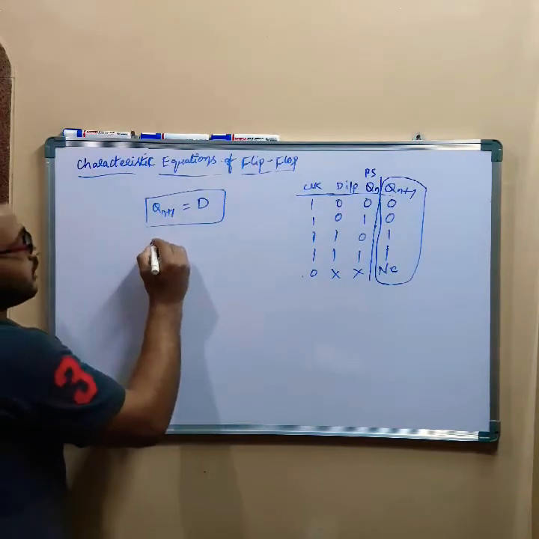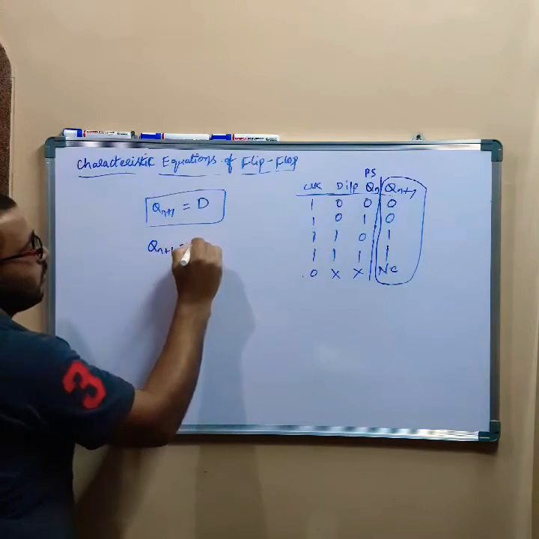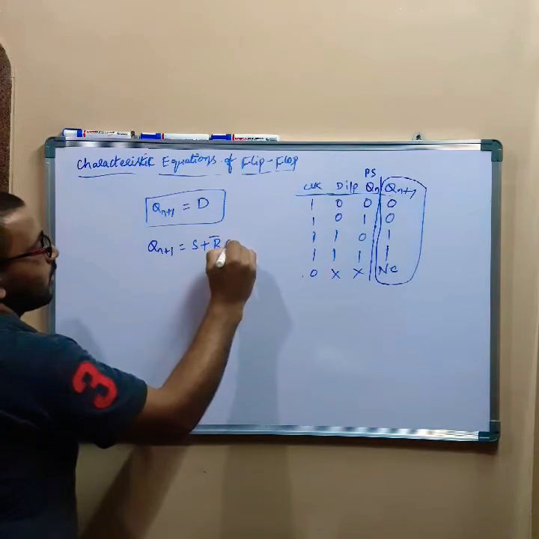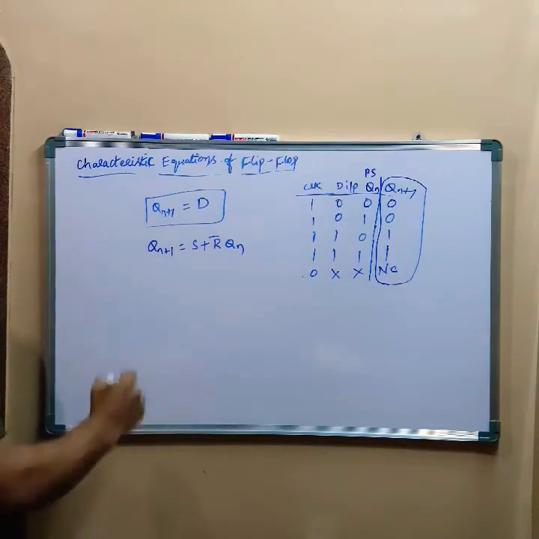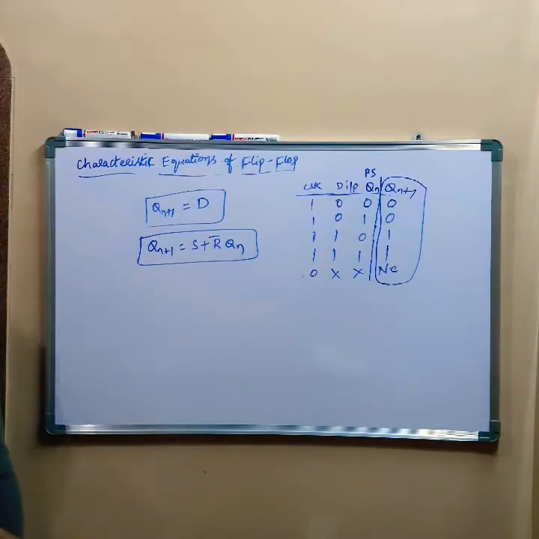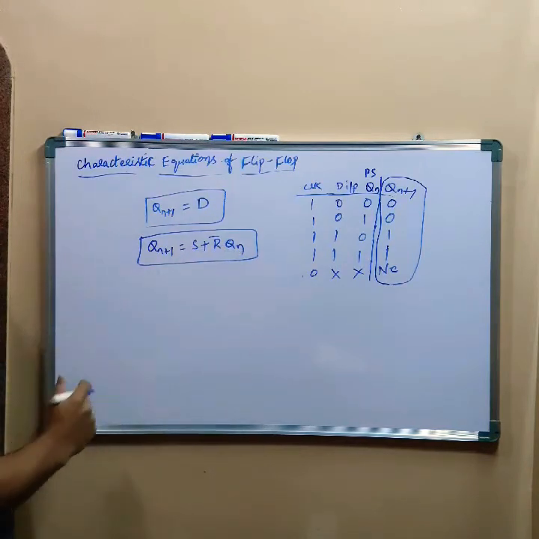And the characteristic equation of SR flip-flop is Qn plus 1 is equal to S plus R bar Qn. If you substitute the S and R inputs and the present state value, you will get the next state value.